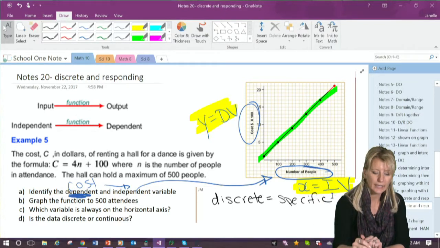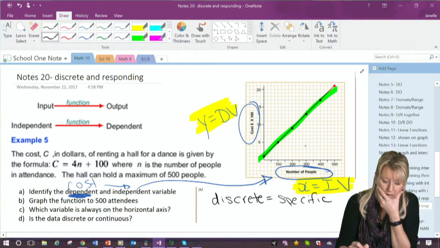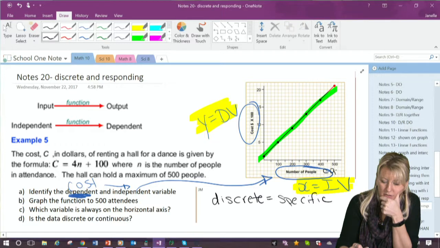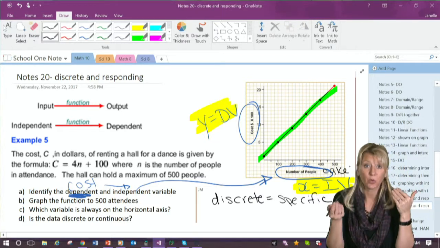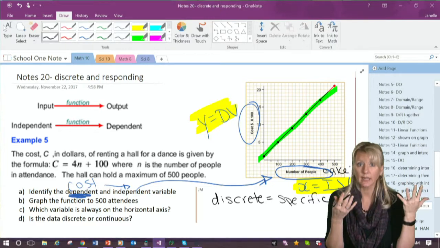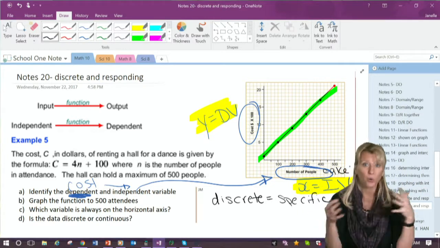If I was talking about cake, let's say I was talking about cake and the cost of cake. Can I have 100.2 of a cake? Yes, I can. Or 100 cakes, 0.2 of one? Totally can.